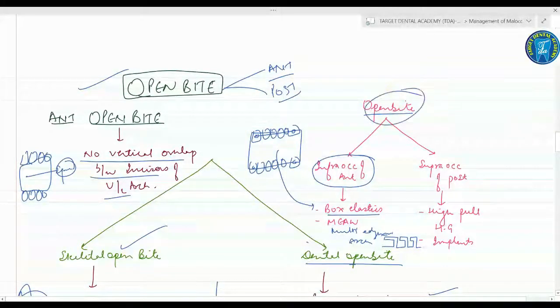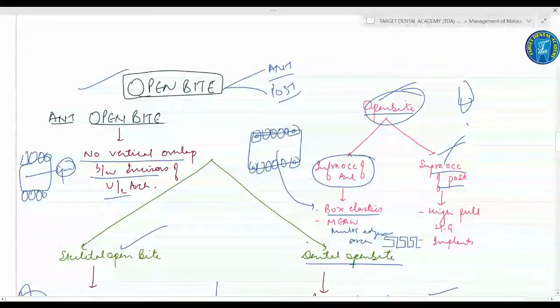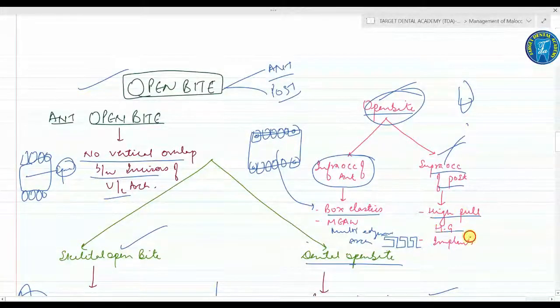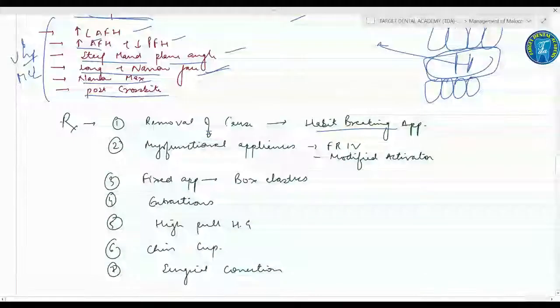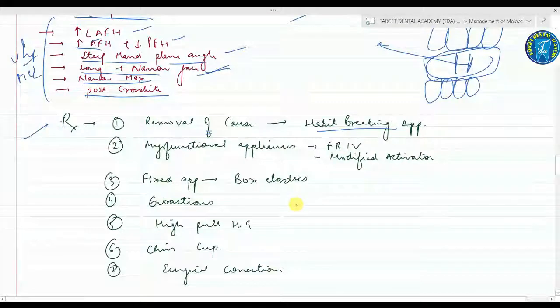Next is the open bite that may be due to supra-occlusion of the posterior teeth, that your molars are supra-occluded, or there is a supra-eruption of the posterior teeth. In that case you will also get an open bite. In that case you will go for the high pull headgear, and with the implants you will correct the open bite.